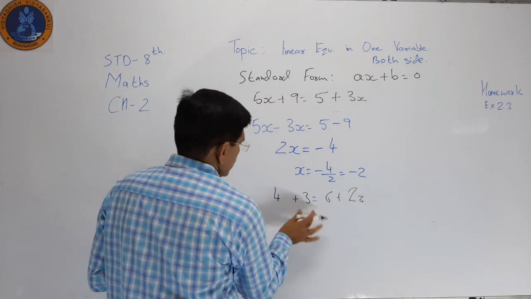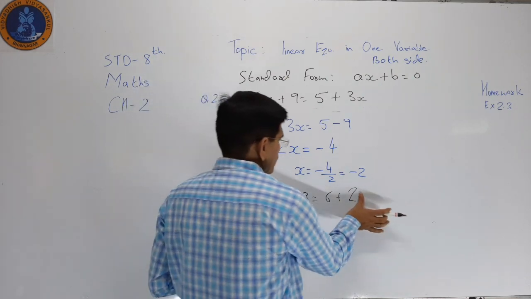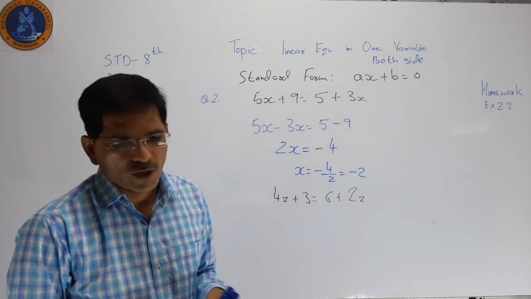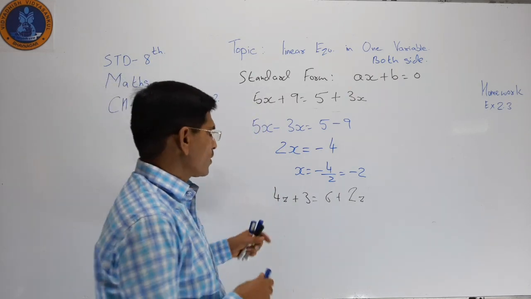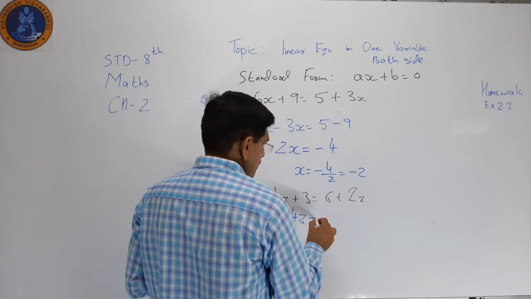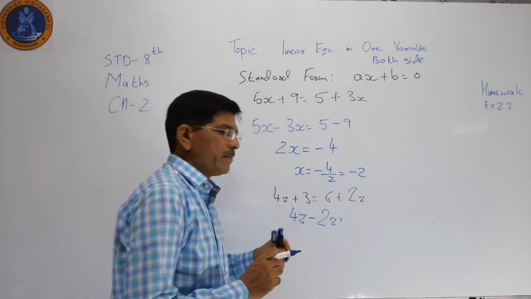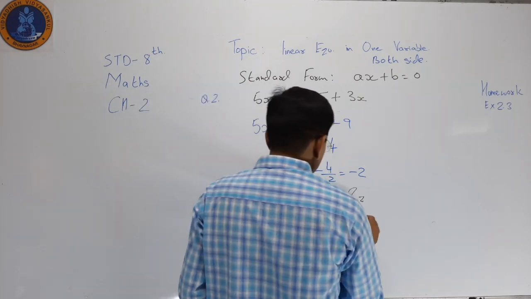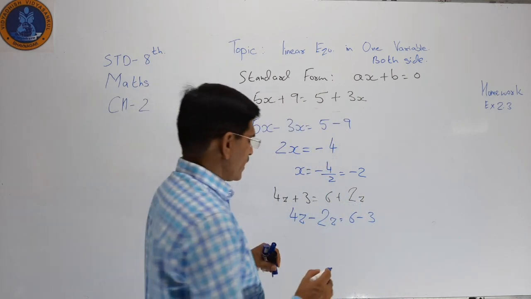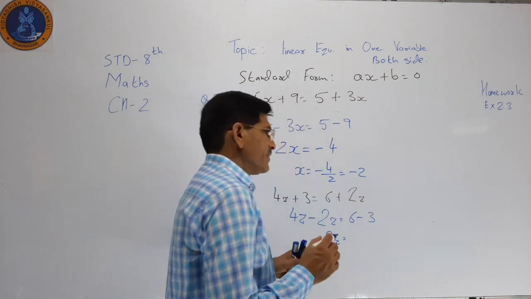Mostly students make mistakes when z is there. So how can we do it? Again 4z minus 2z, and 6 minus 3. 4z minus 2z, we can say 2z. 6 minus 3.